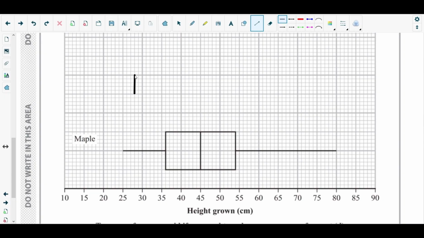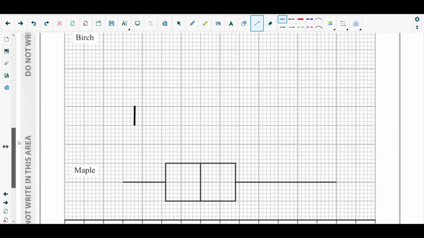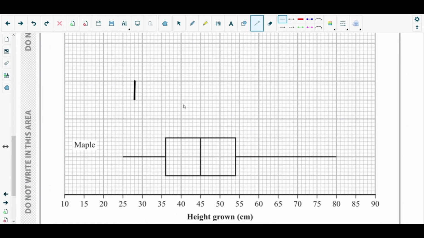From 28, we go to Q1. Q1 was 39, so it will go to 39 next. This is 39. Fine. And then the median. What was the median?